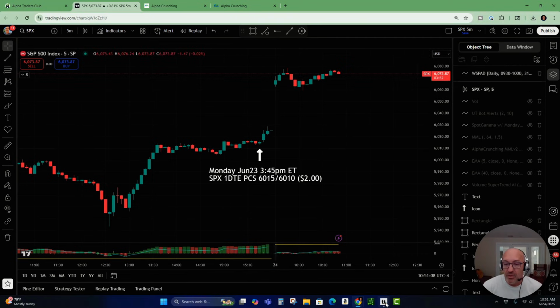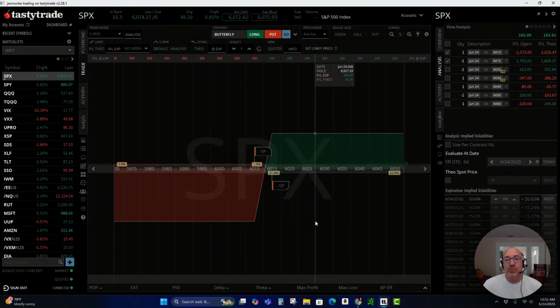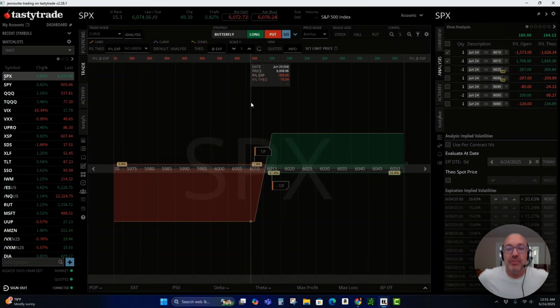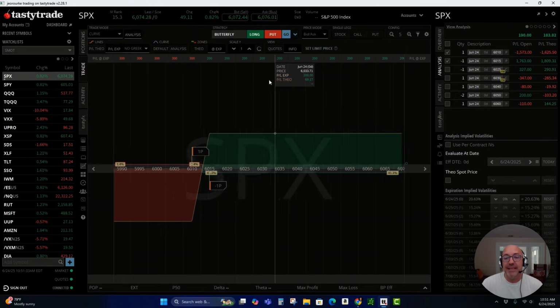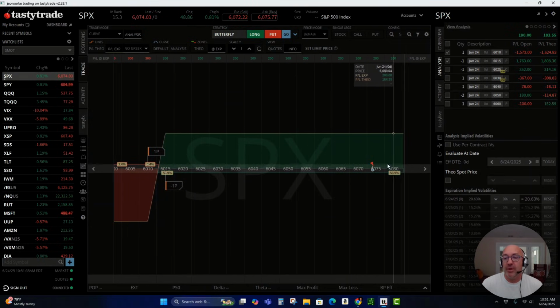In this case, we took the put credit spread risk where we sold it for $200 and our max loss is $300. So initially on the one day to expiration trade, we're risking $300. And we're betting that the market's going to be higher tomorrow, in which it was, right? So the idea now is, how can I take some of my quasi-guaranteed profit? You can see how far the market is up.